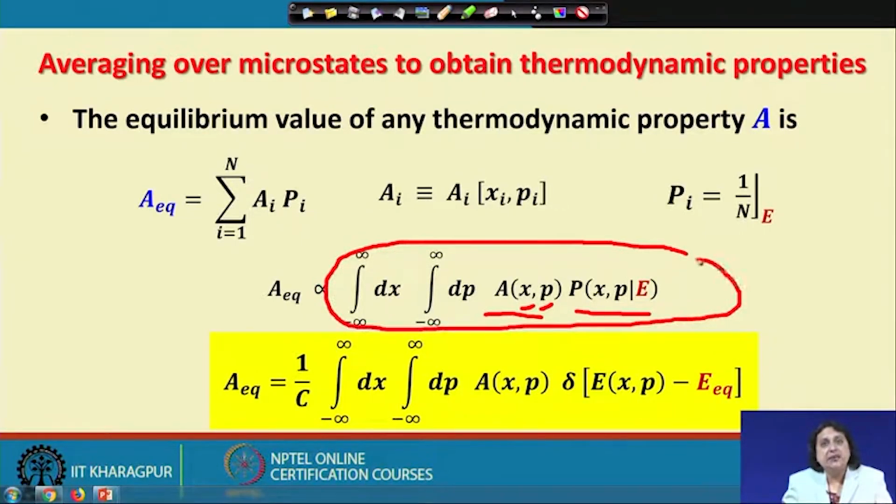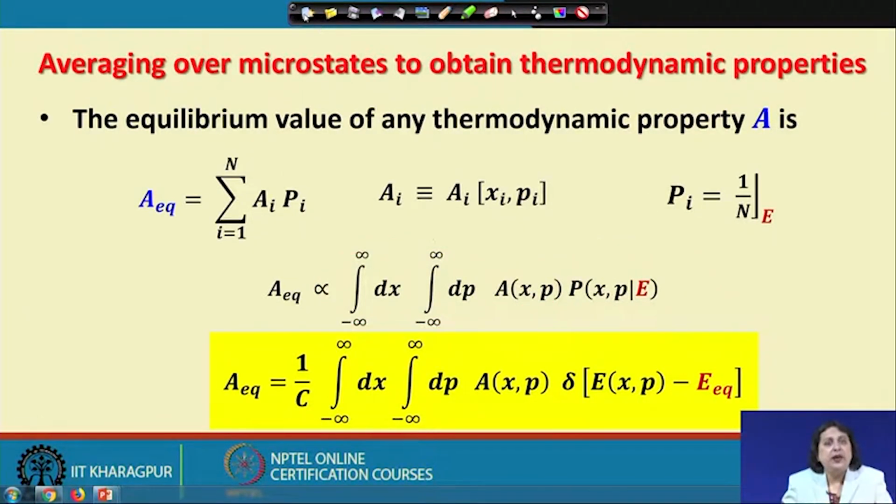Since x and p are nearly continuously distributed, instead of the summation, I do the integration. But as you see, when I am evaluating A equilibrium, instead of having a sum over the microscopic states, I am now having an integration over the phase space.